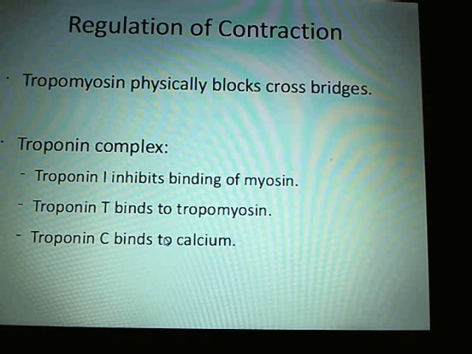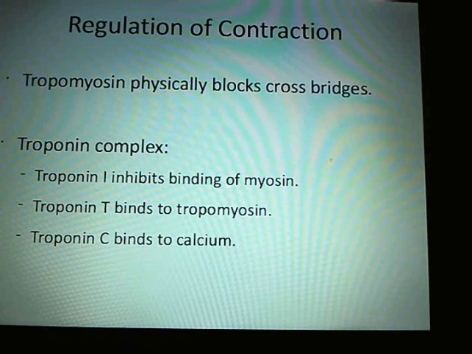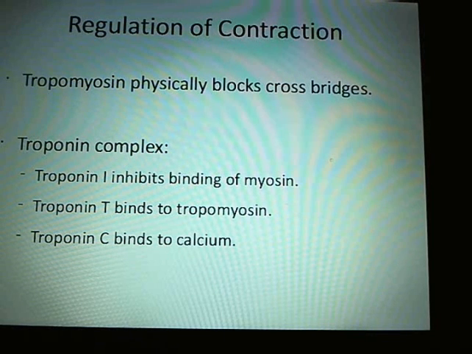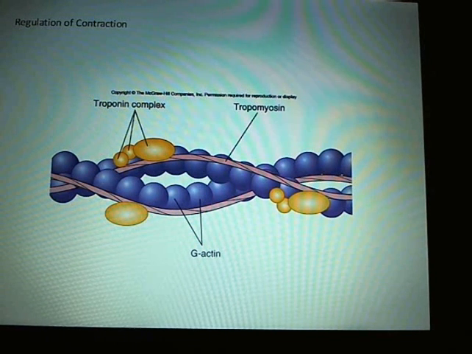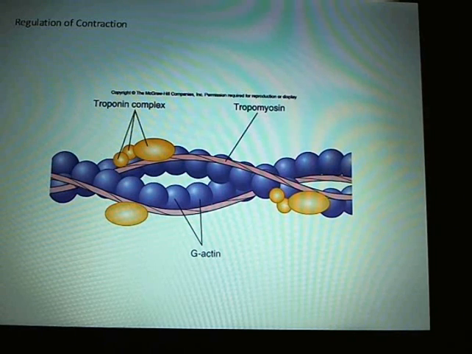In the regulation of muscle contraction, the tropomyosin physically blocks the cross bridges. In the troponin complex, troponin I inhibits the binding of myosin. Troponin T binds with tropomyosin. Troponin C binds to calcium. As you see, you have your troponin complex, your tropomyosin.